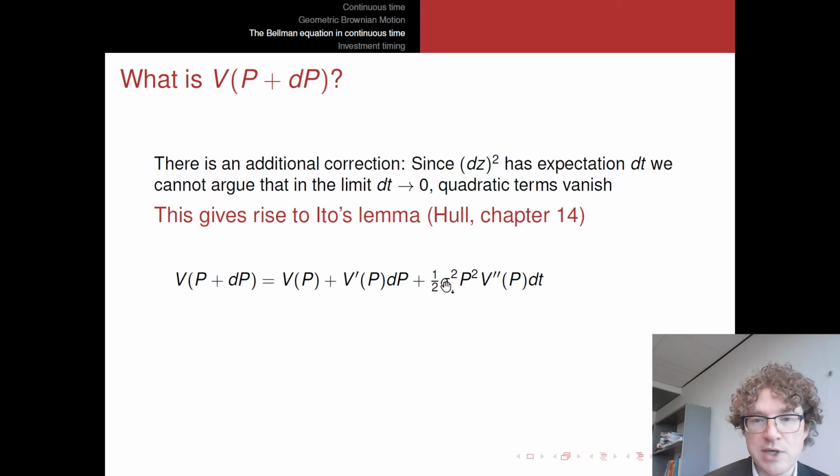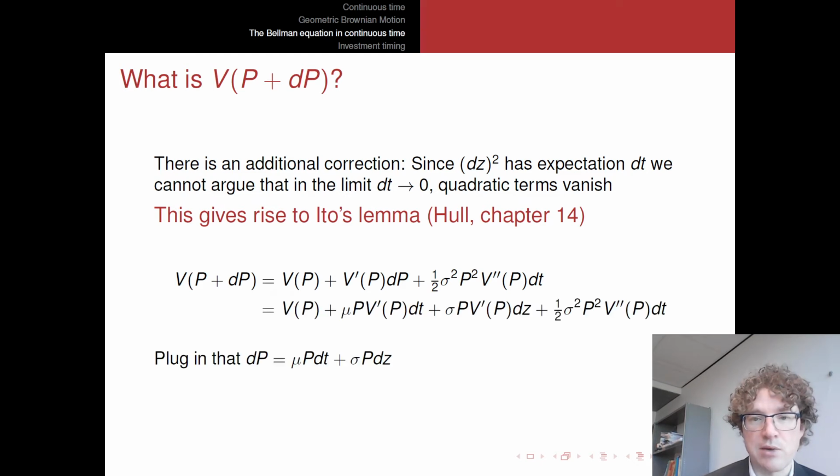You see the sigma squared here, the square of that, times the second derivative of v times dt. This final term basically results from the squared dz part that we also have to take into account, which has a finite expectation of order dt.